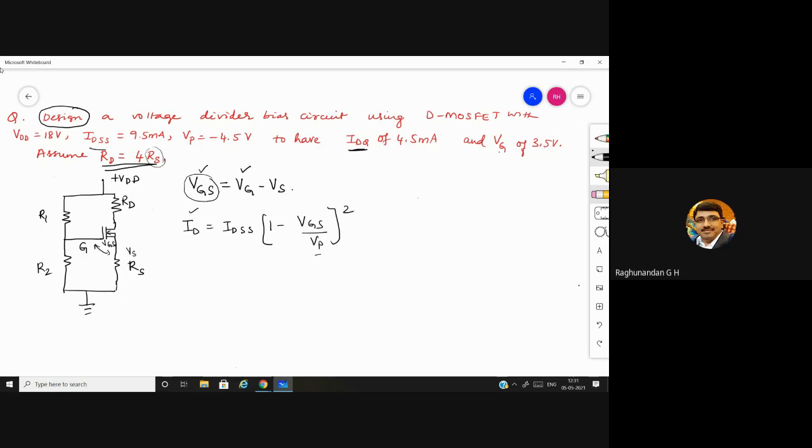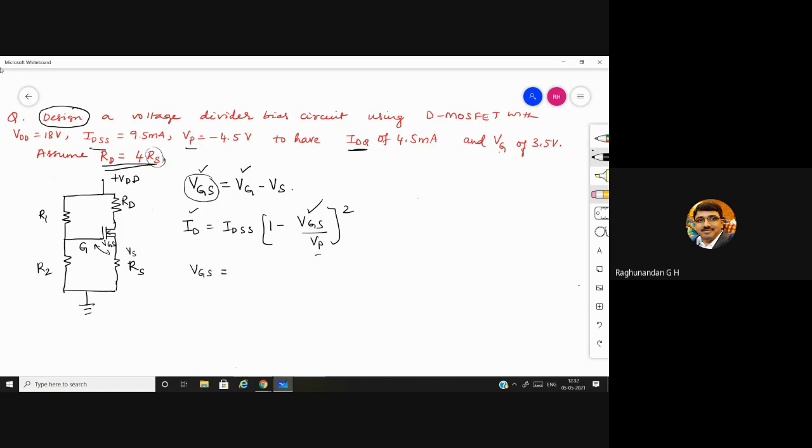Is VP given? Yes, VP is given. So from this formula, we can find out VGS. And once VGS is found and VG is already given, we can find VS. Okay, so now substitute the values and try to find out VGS.